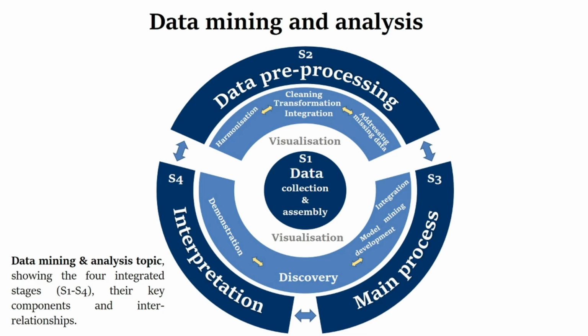In data mining and analysis, which by itself is another module, we have these four stages. Data collection and assembly: you usually start with gathering all of the data. It could be a survey, a questionnaire, or any kind of data entry through social media. The second part for data mining is data pre-processing.